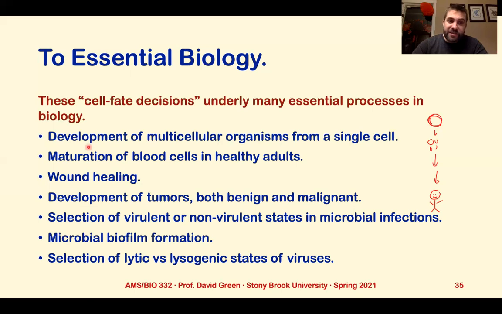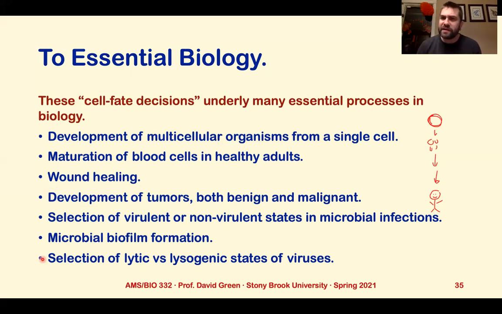In addition to these examples from human biology, which can be extended to most vertebrate biology, the same sorts of problems apply, and cell fate decisions are ongoing even for unicellular organisms.